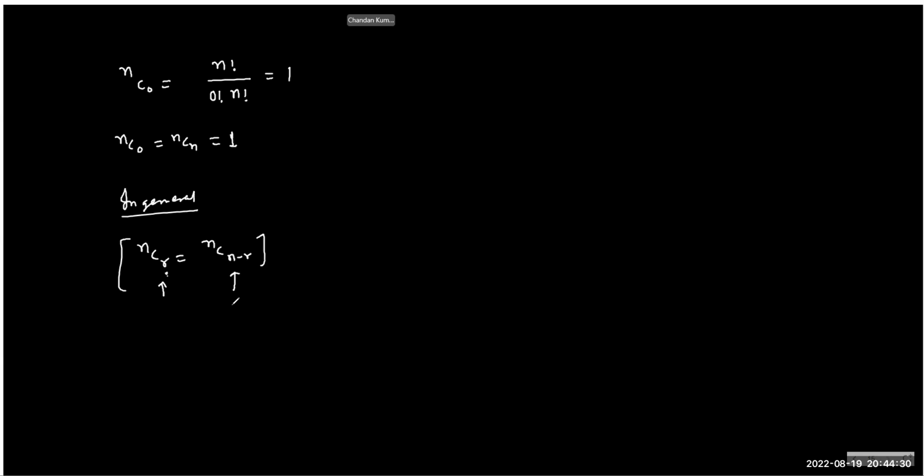If you want to prove it, it's very simple. What is this term? Factorial n upon factorial r into factorial n minus r. And if you look carefully, this is nothing but the same term, isn't it?